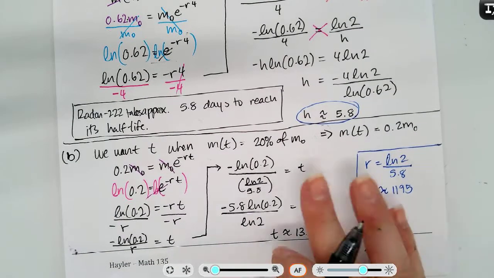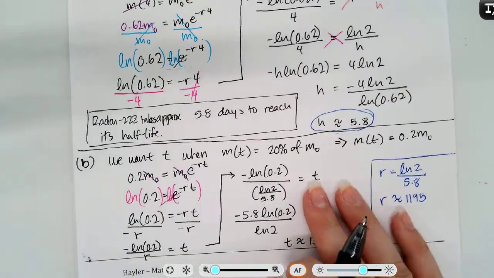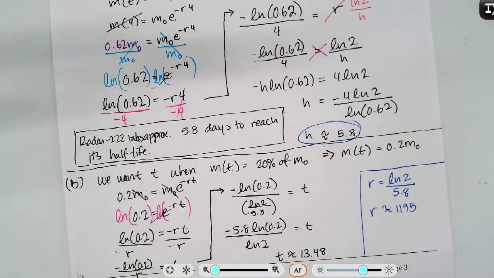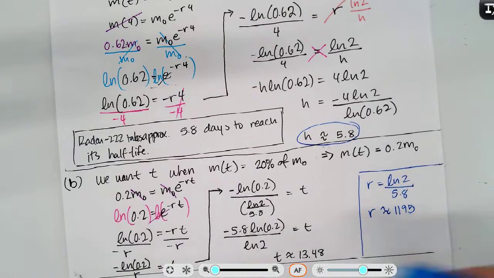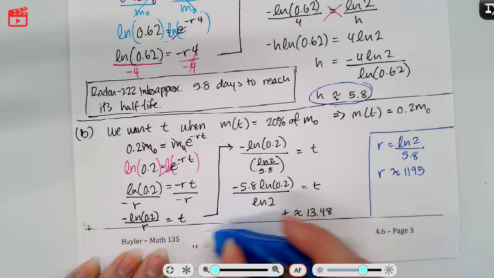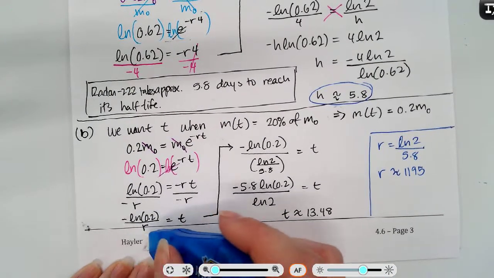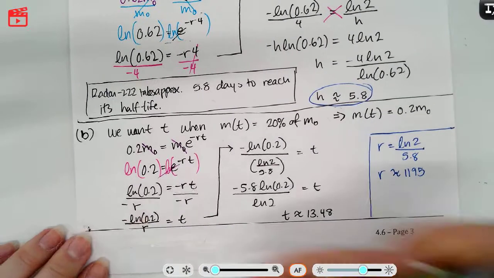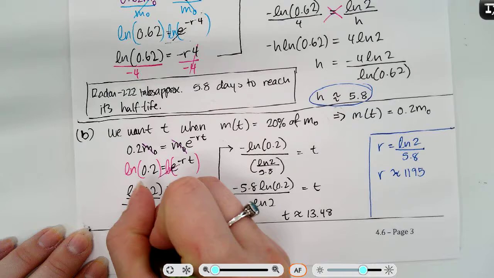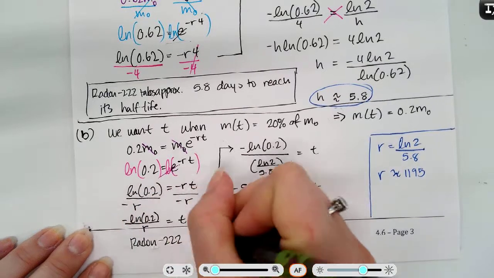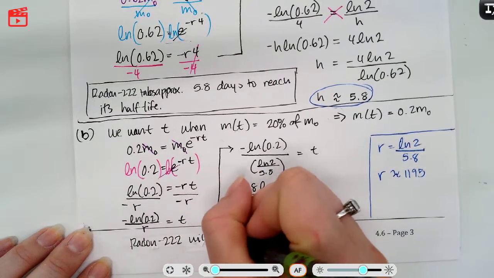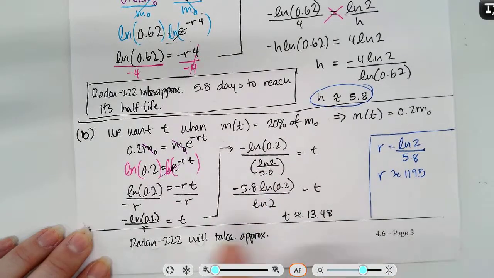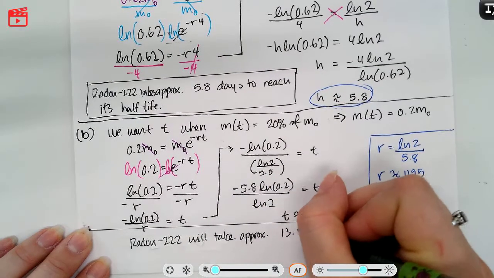So what was the answer? Well, time, we're looking at how long it will take to decay. So it'll take approximately, and what are we talking about? It is the radon. So radon 222 will take approximately 13.48.